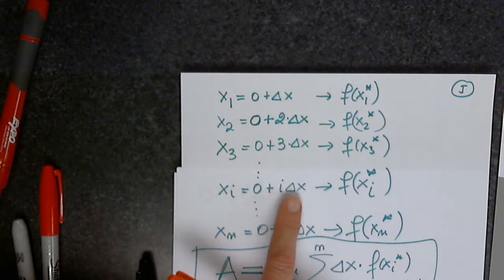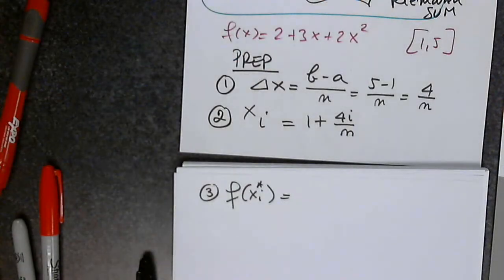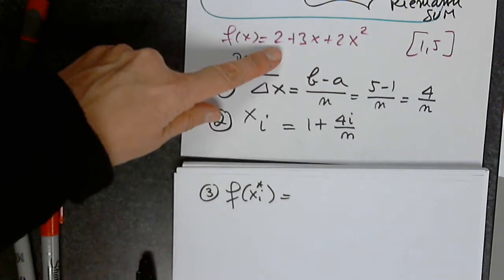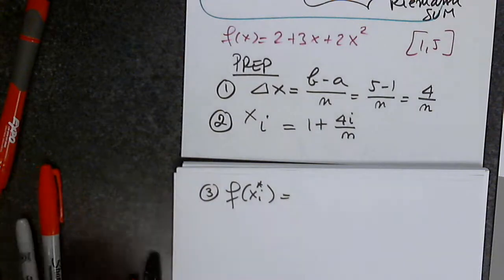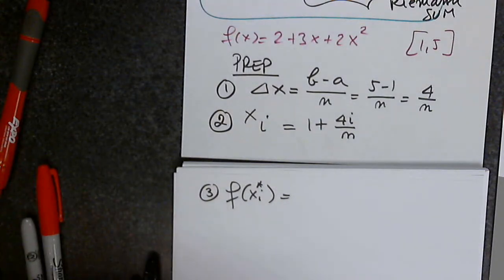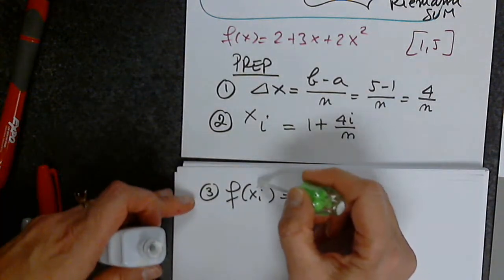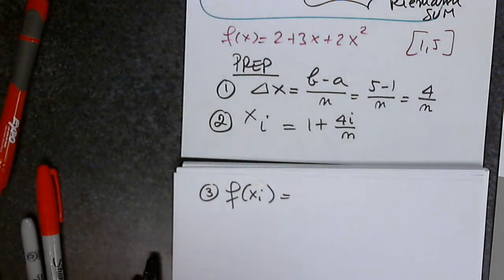If I write i times 4 over n or 4i over n, it's the same thing. Is that clear? Good. Now I want to find f of xi. The star is just in your book, and I don't want you to get confused. The xi star only says that it doesn't matter if it's the leftmost point, the rightmost point, or the midpoint.